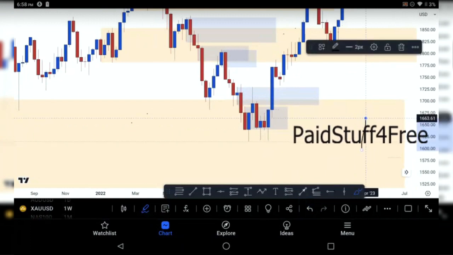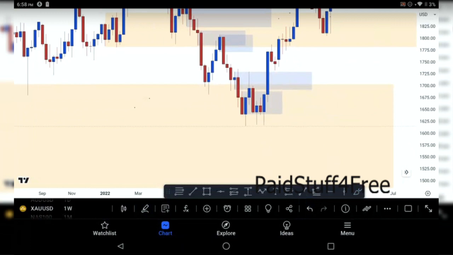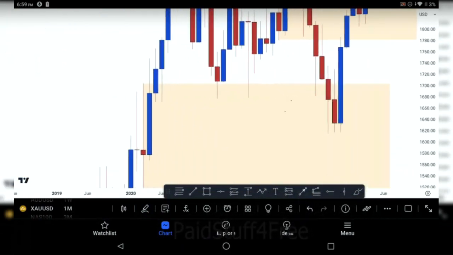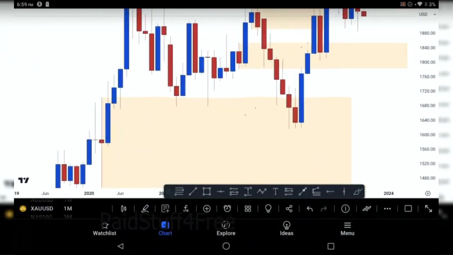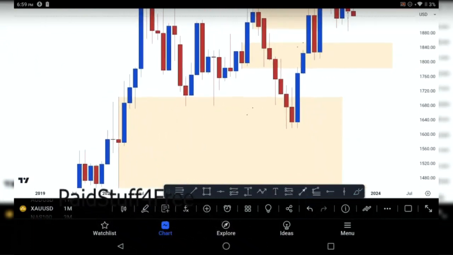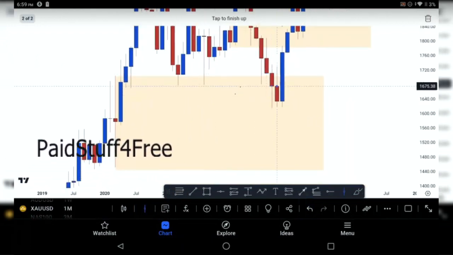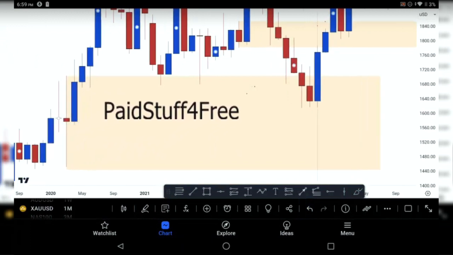Now, candle closing times are very, very important in this strategy. Because if you don't understand the closure in price, it's going to be a problem. Because this red candle closed inside this monthly buy zone again.